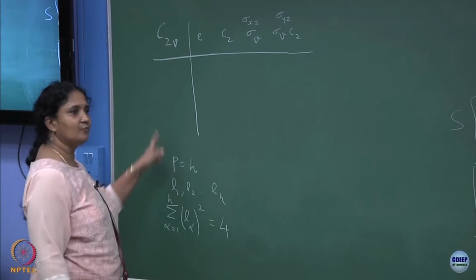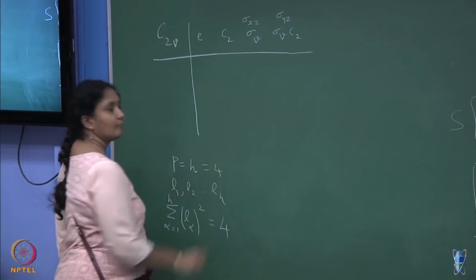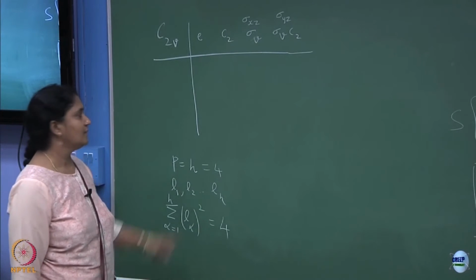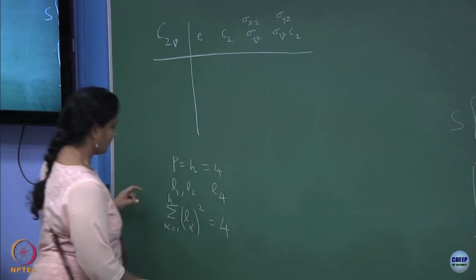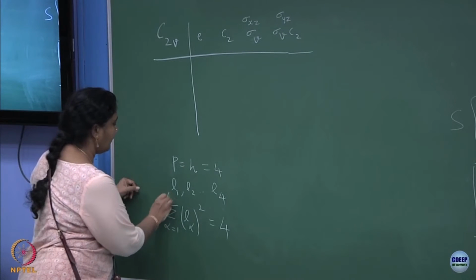In this case it is 4. Okay, I am doing it for this abelian group.